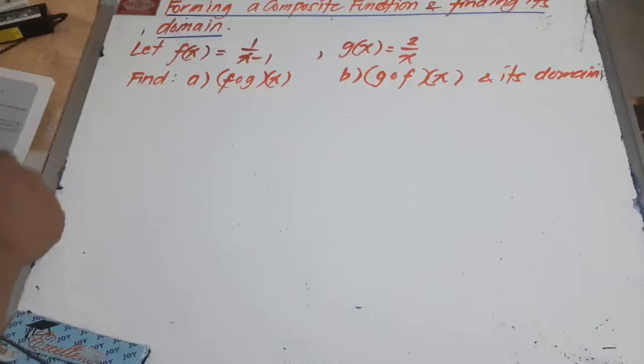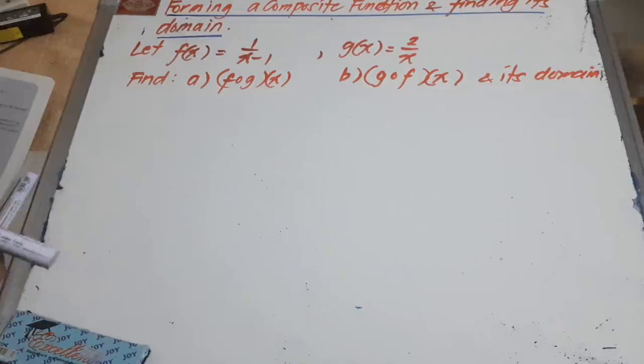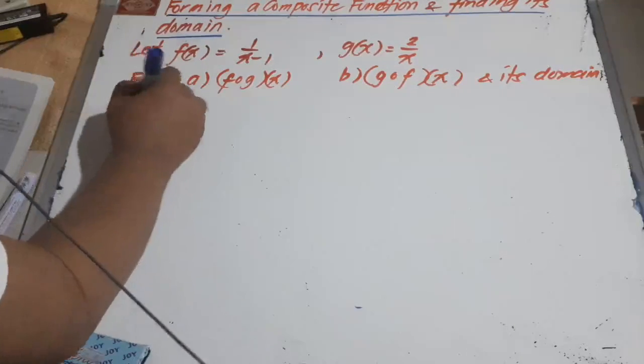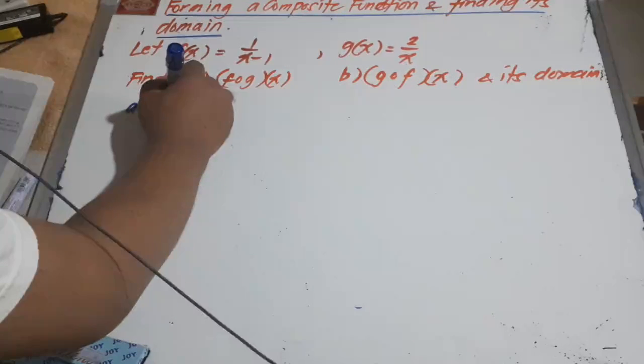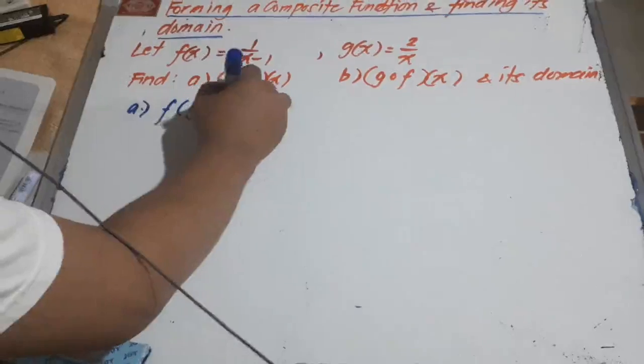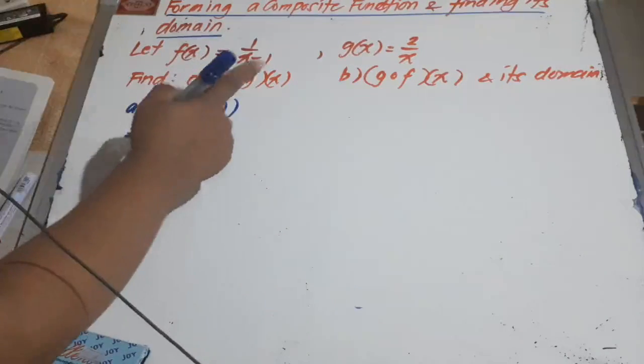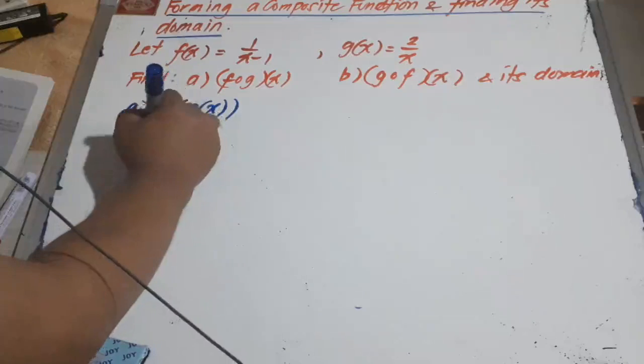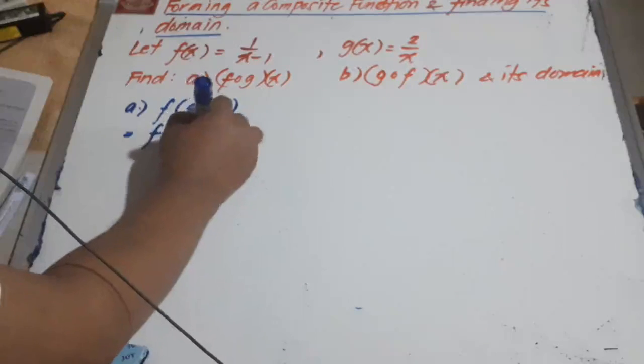So answer muna natin yung letter A. Okay? Kunin natin yung kanyang composite function. Letter A, f circle g of x can be written as f of g of x. Okay? So first i-plug in muna natin si g of x. G of x is 2 over x. So f of 2 over x.